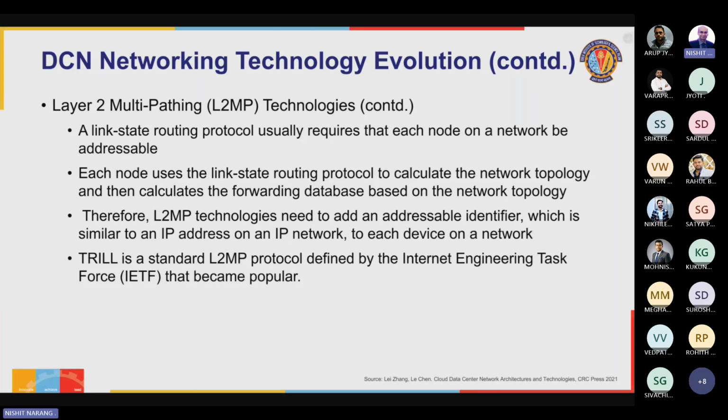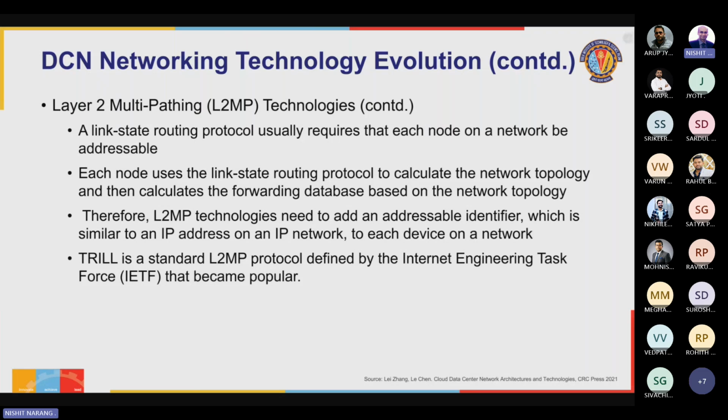So L2MP technology made the choice of using link state routing protocols at layer 2, which meant that they needed a new identifier to be associated with each node so that each node could be addressable, like an IPv4 kind of an address, which actually is a layer 3 addressing entity. They brought in a similar addressing entity for layer 2.